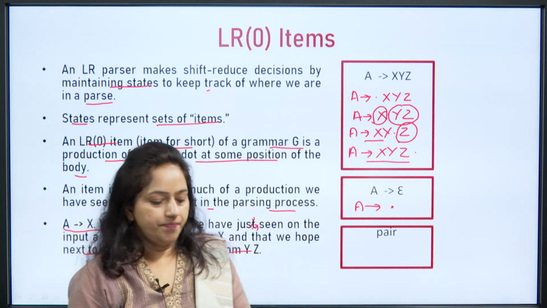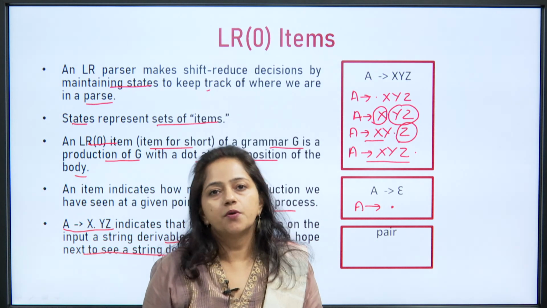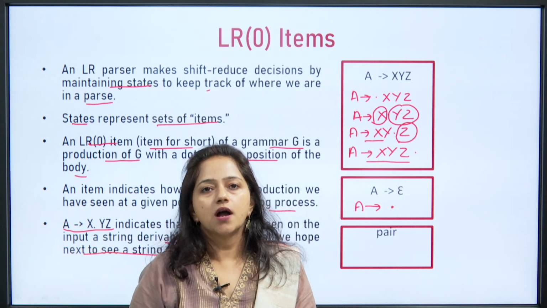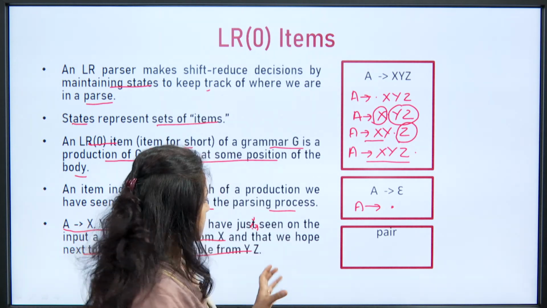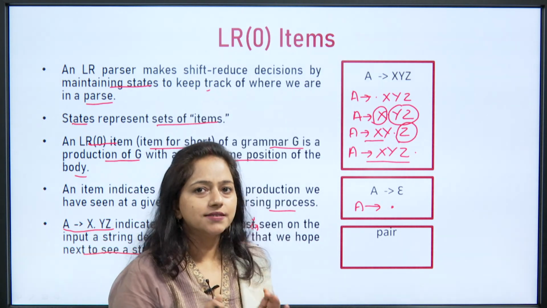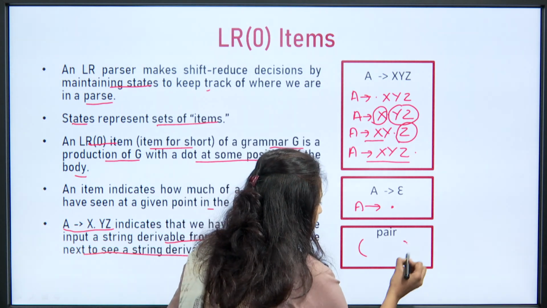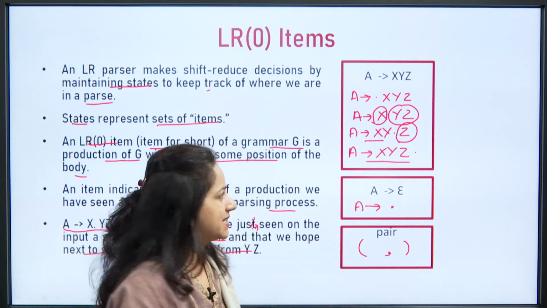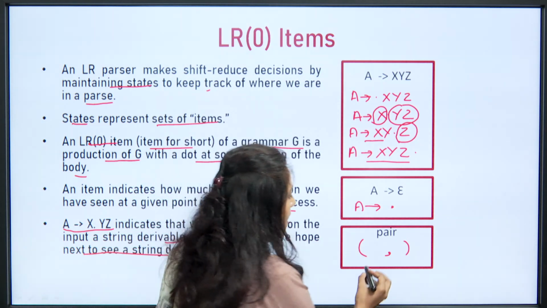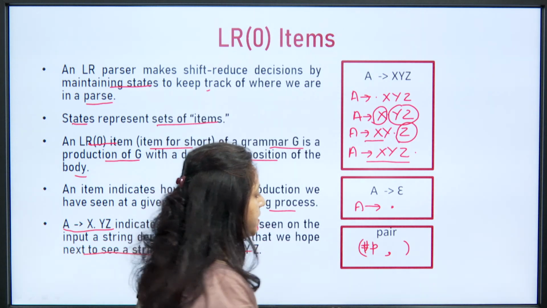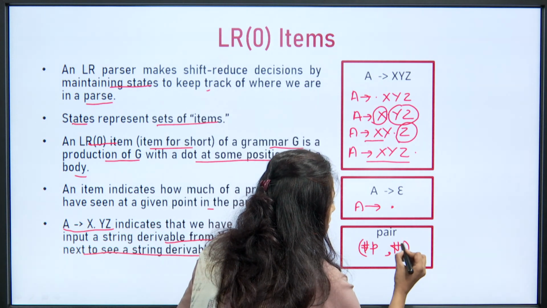Now, when we want to implement a program for it and we want to store this item in a computer system, then just to save space, we can write it in terms of a pair. In the pair there will be 2 members. First is the production number, and second is the position of dot.